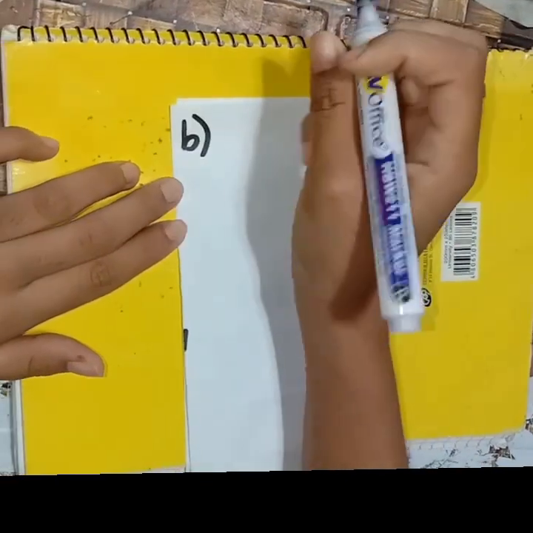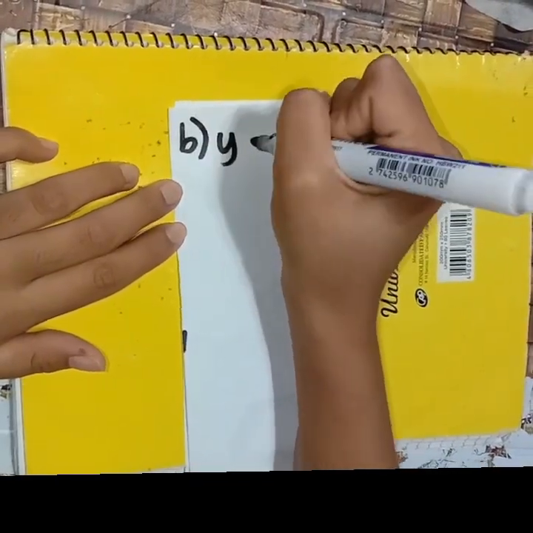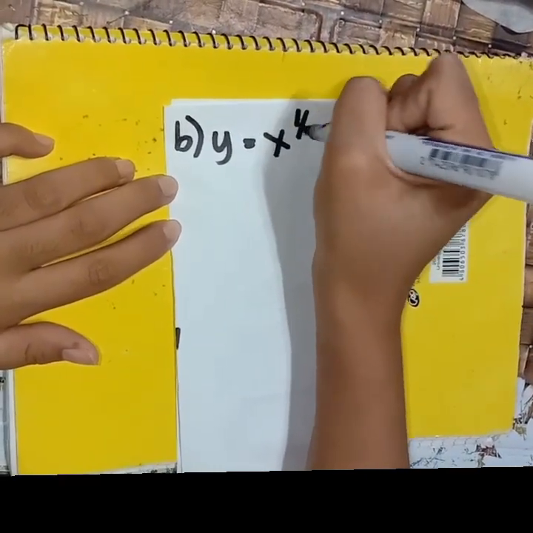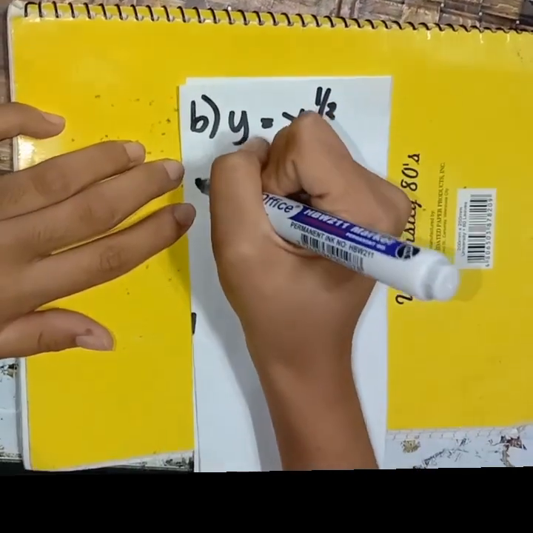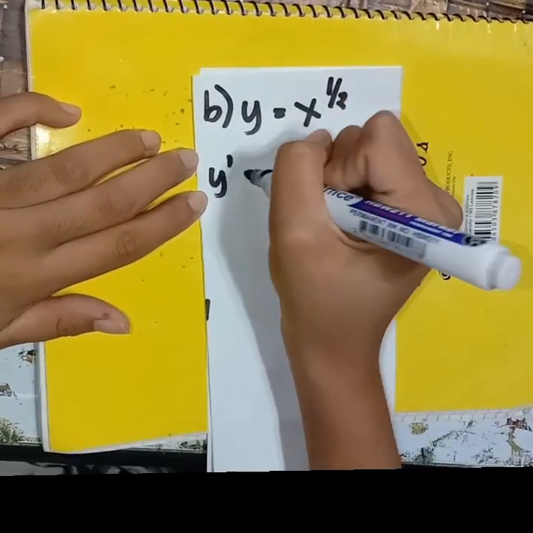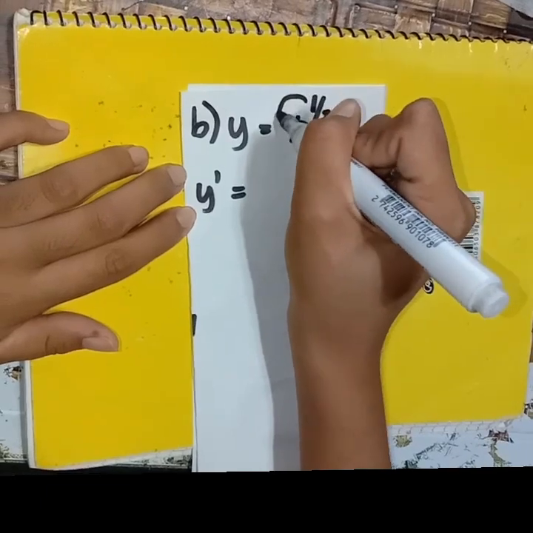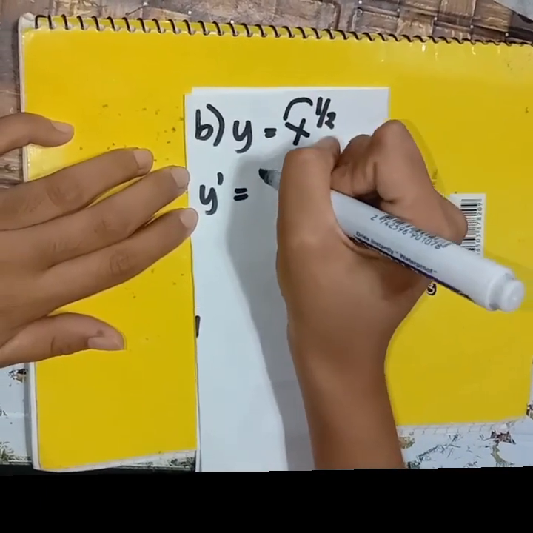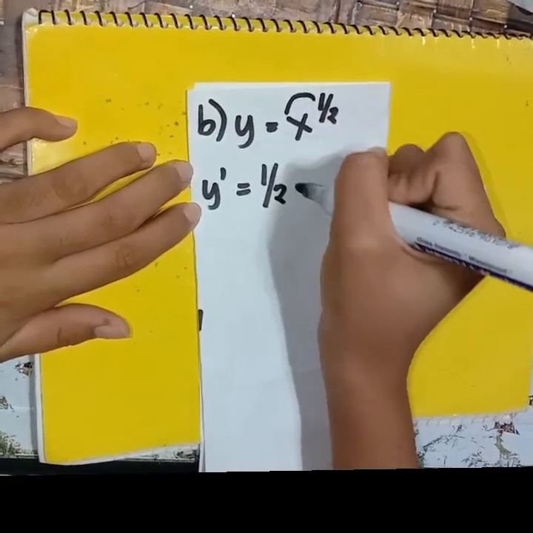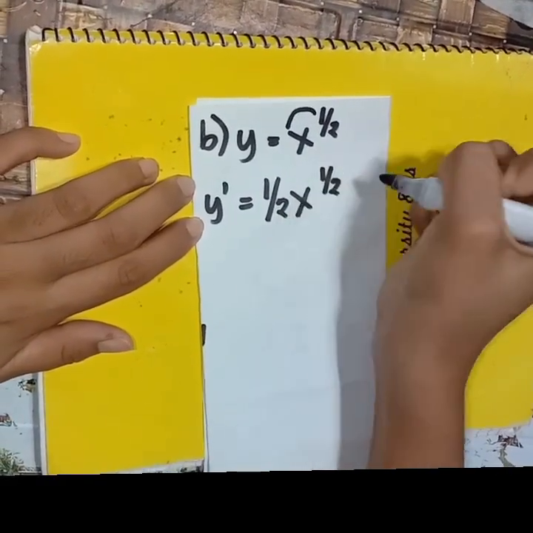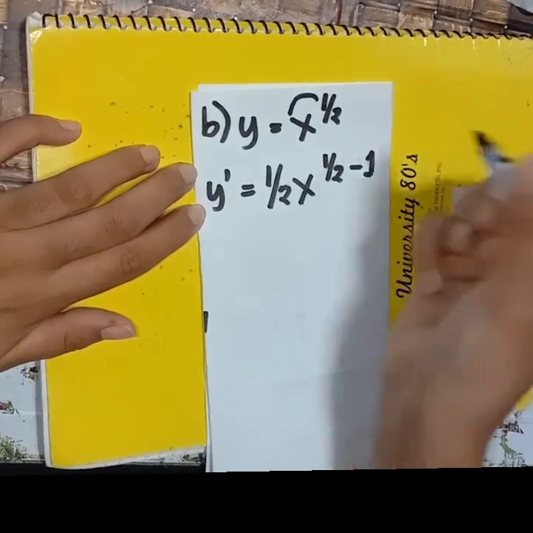Next example, how if y is equal to x raised to 1/2? Like the first example, let's move in front the exponent. So it will become 1/2 x raised to 1/2 minus 1.